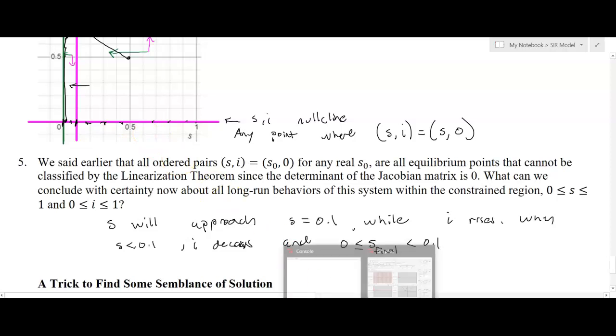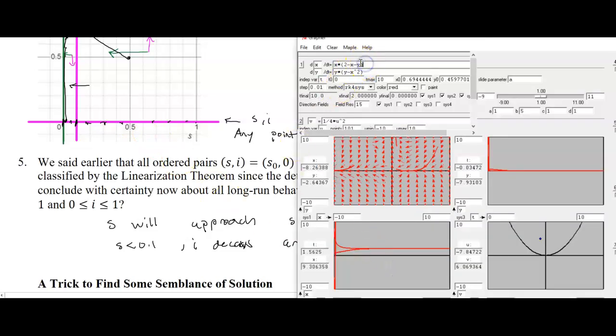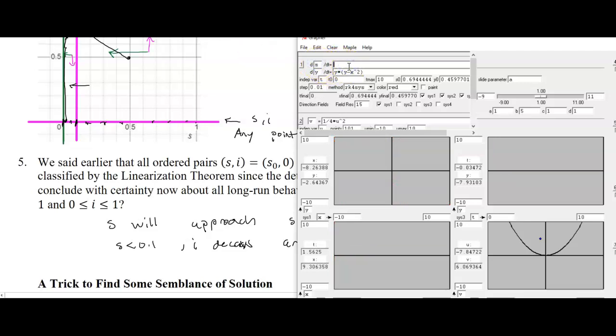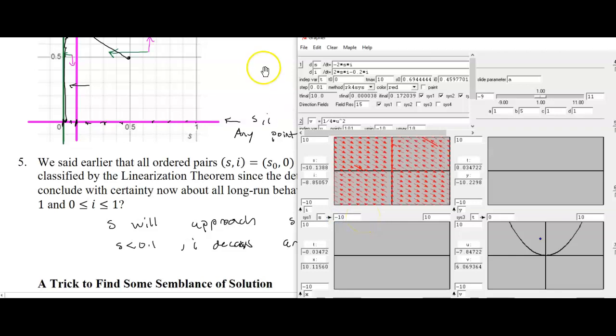Let's go ahead and take a look at the graph or phase plane as well. So here we can actually relabel our variables S and I, and this is -2 times S times I. And this one we'll call dI/dt, so this will be 2 times S times I minus 0.2 times I. And we want this axis to be the I-axis, and we want this axis to be the S-axis.